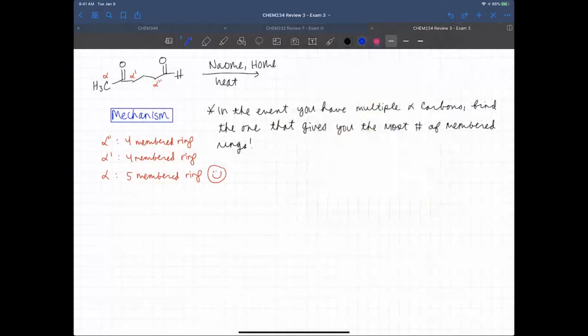Okay, we have this hydrogen here, H2C. Right, so everyone, please remember that this is a reversible process.